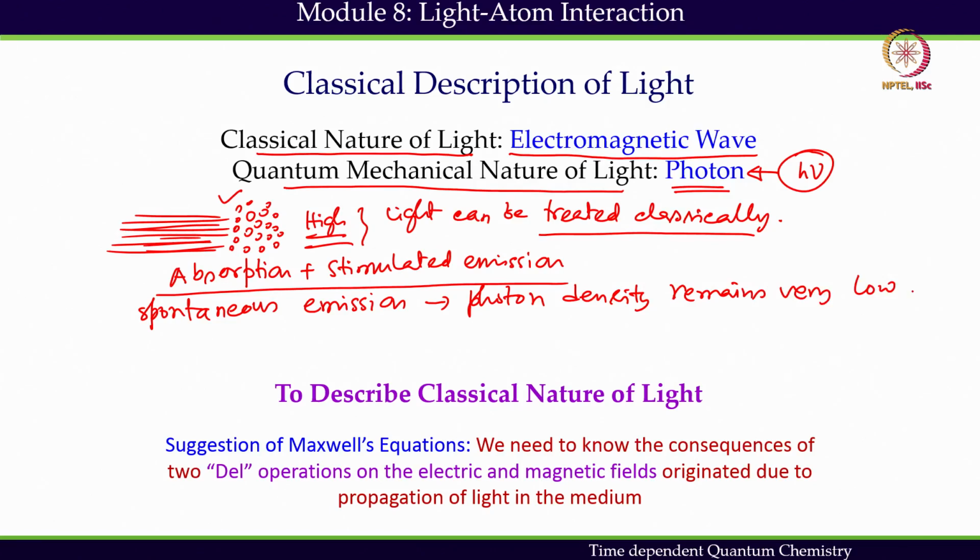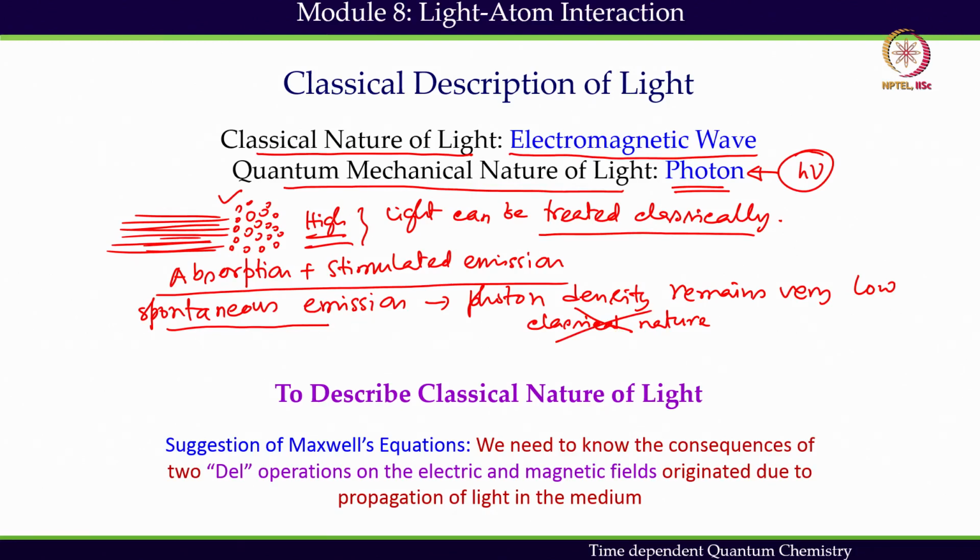Because it is low, to describe spontaneous emission I cannot use the classical nature of light. I have to use the quantum mechanical nature.